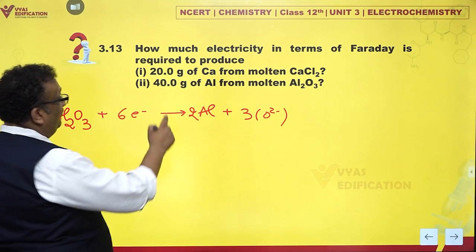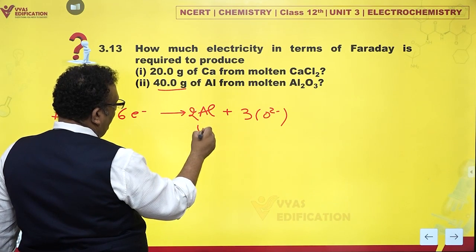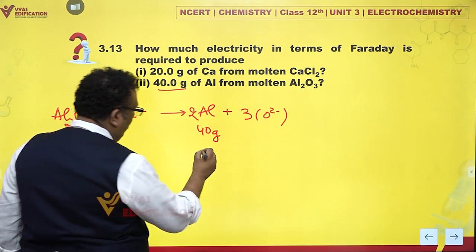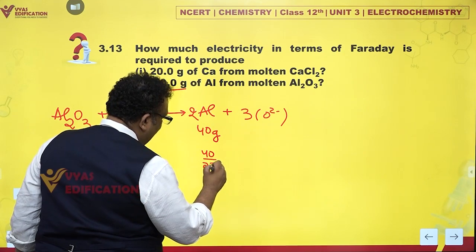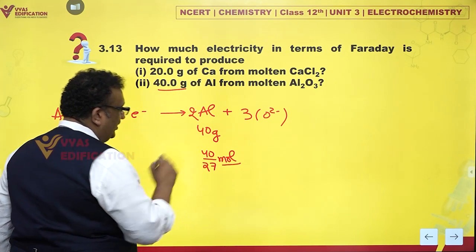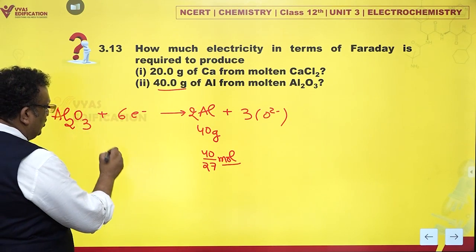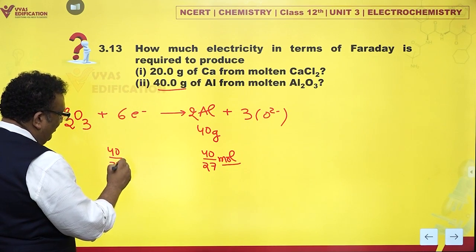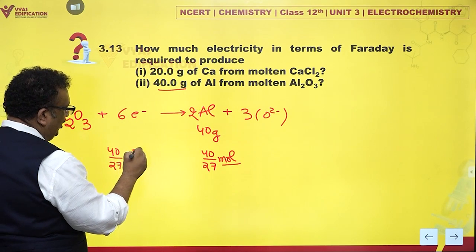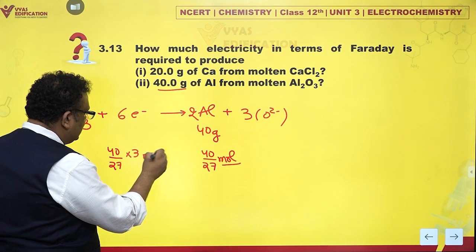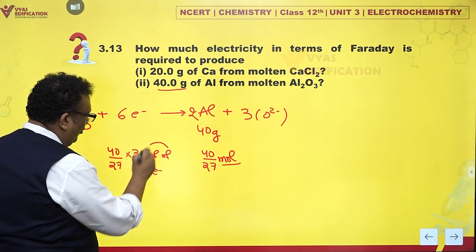So if you're planning to get 40 grams of aluminium, fine. 40 grams correspond to 40 by 27 moles because atomic mass of aluminium is 27. And 2 moles give you 6 moles of electrons. So 40 by 27 will give you 40 by 27 into 6 by 2, which is 3, so many moles of electrons.